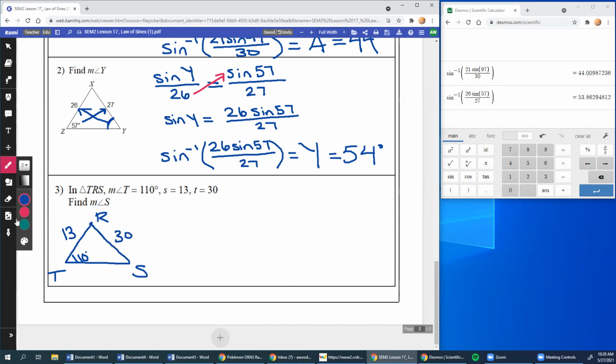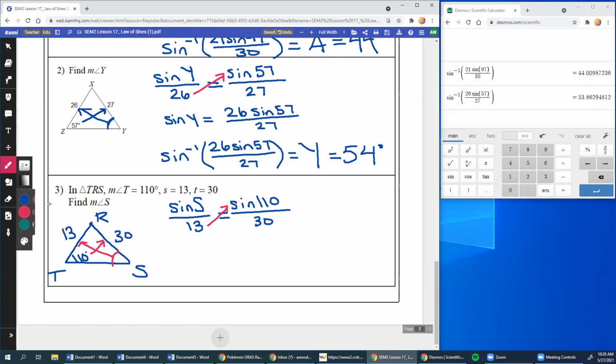Find angle S. So here's angle S, opposite 13. So sine S over 13 is equal to 110 is opposite 30. So sine 110 over 30.